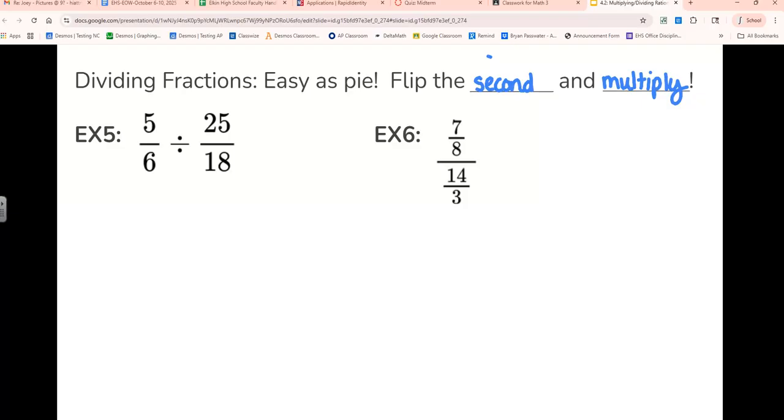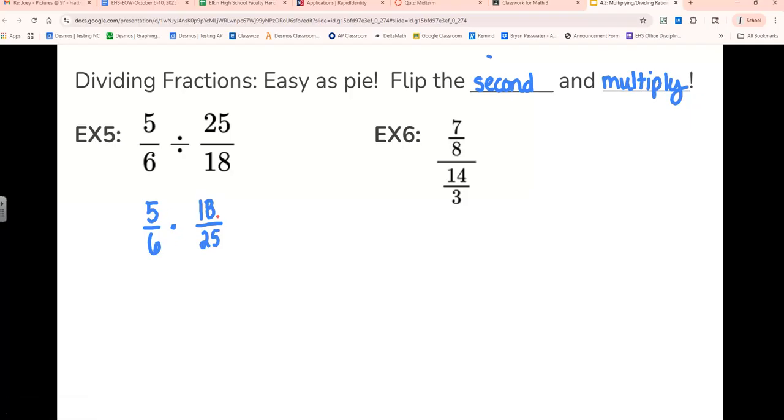So whenever we're dividing fractions, so these are just numbers this time, right? We're just practicing with numbers before we throw some x's in there. When we divide fractions, we flip the second fraction and change it to multiplication. So what that looks like for number 5 is that we got 5 over 6 times we flip the second fraction, 18 over 25. Like that. I personally would reduce before I multiply here.